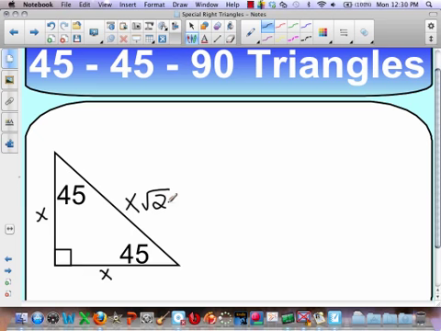And you'll see that same model on your reference page. If you turn it over and look at the back page of it, page 2, you'll see the 45, 45, 90. When the two sides are the same length, the hypotenuse is the length of the side times radical 2.